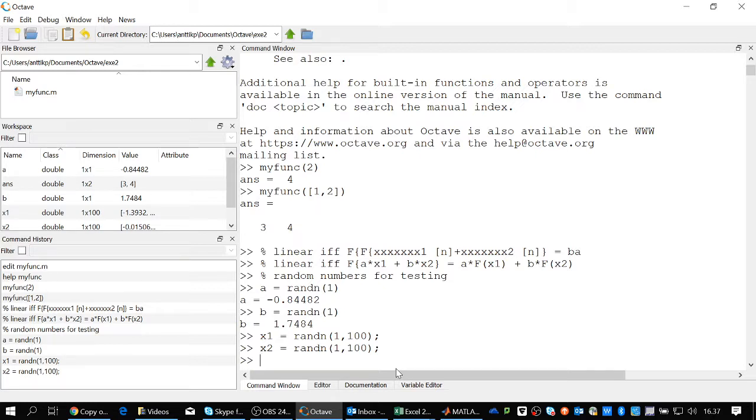And first I calculate the left-hand side, which is basically the output for the weighted sum.